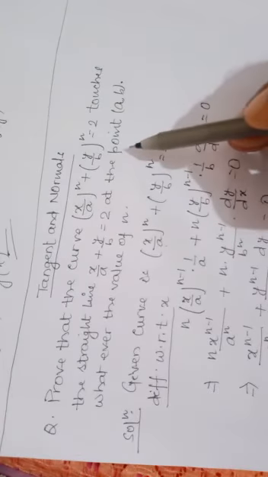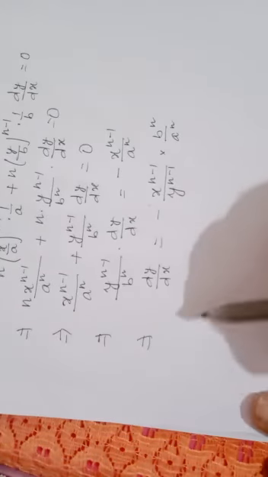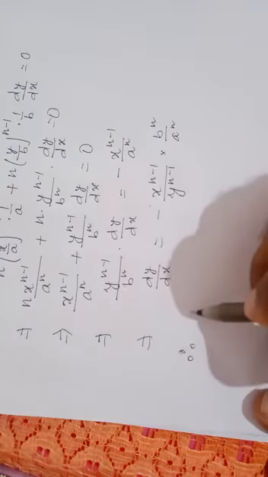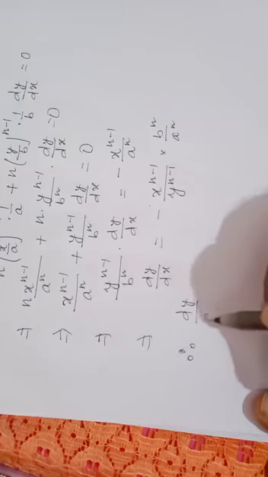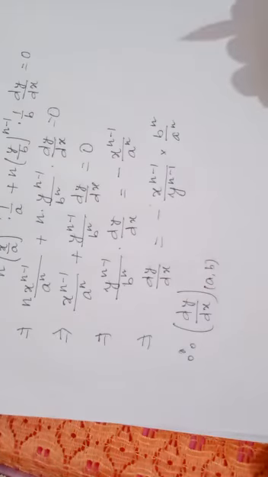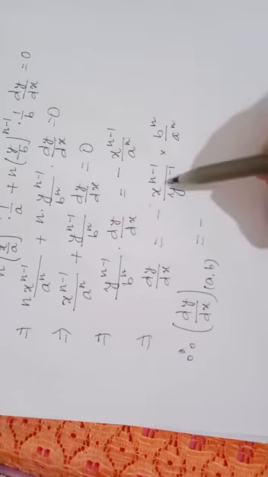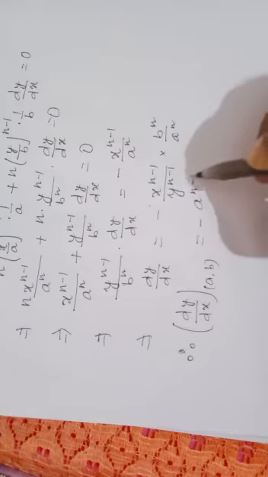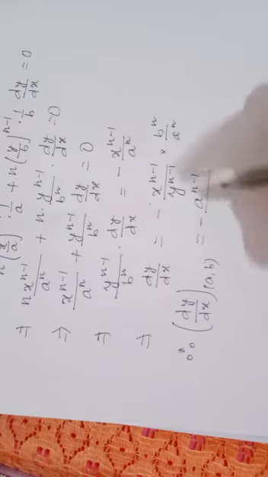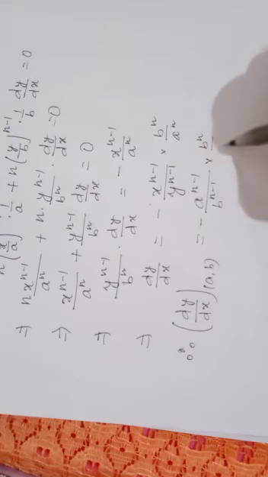Now calculate. See the question. We have to calculate the tangent at (a, b). So dy/dx at point (a, b) should equal, what is given, x is equal to a, so it should be minus a^(n-1)/b^(n-1) into b^n/a^n.